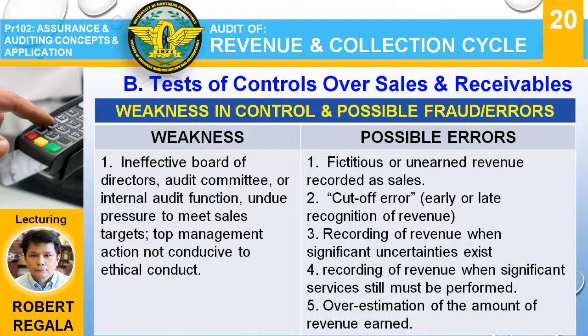This weakness might also result in overestimation of the amount of revenue earned, for example, by misstating the percentage of completion of several projects by a construction company using the percentage of completion method of revenue recognition.